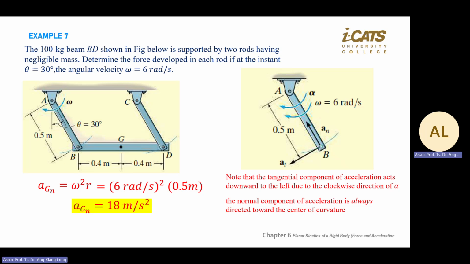Acceleration in the tangent direction equals alpha r. So these are the common equations that you should memorize. It's a conversion equation between the linear motion, which is normal and tangent, and the angular motion, which is omega and alpha. Okay, the rest is just substitution.